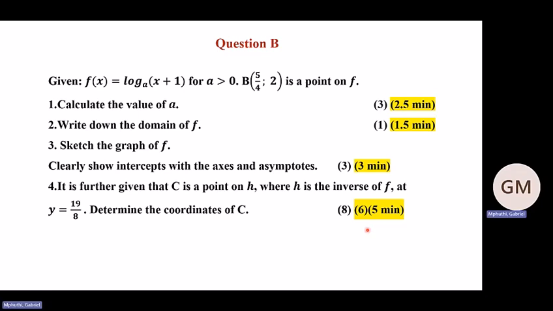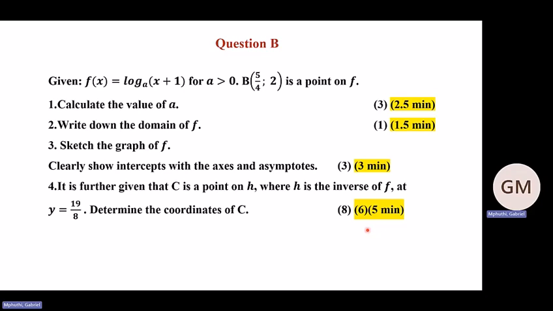You need to understand your logarithmic laws and the properties of a log or an exponent.